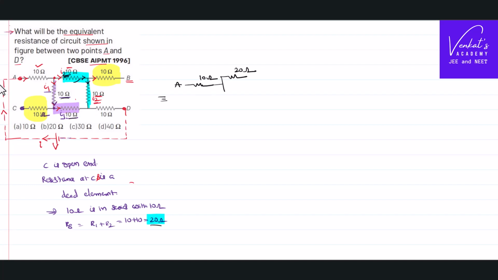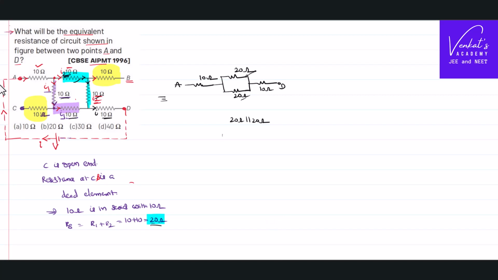Instead of these two 10s, I can also draw another 20. And of course, there is the remaining one: I1 and I2 will join here, it becomes I, it passes through this 10 ohms and this point is D. So, what we can notice is this 20 ohms is in parallel to 20 ohms.